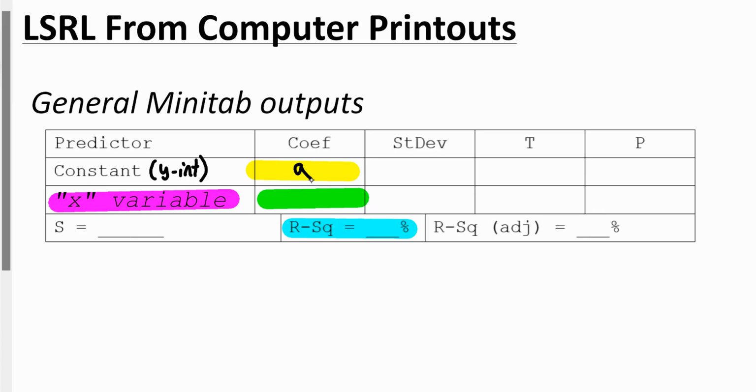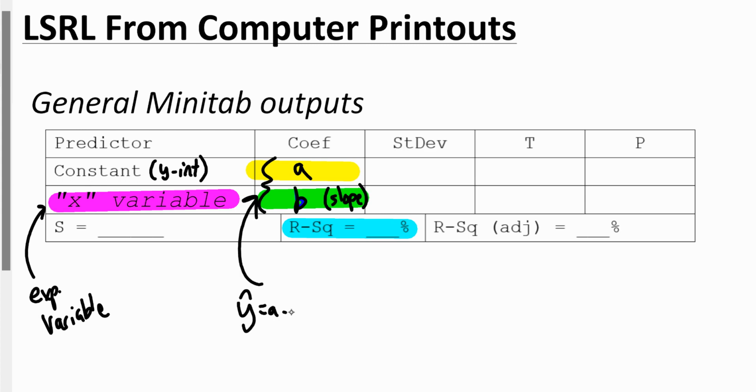That's going to be your explanatory variable. And what number goes with the x variable? That is the slope. That is the b. So the slope is given. From that, you can easily write your equation: y hat equals a plus bx. And that's all you need to find the equation.